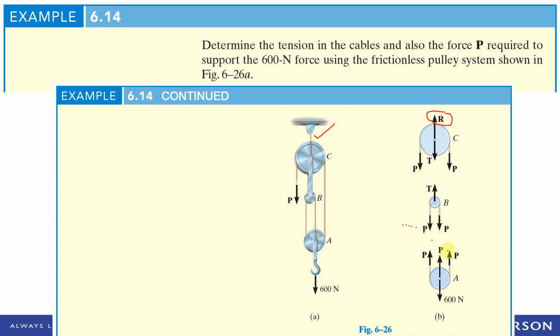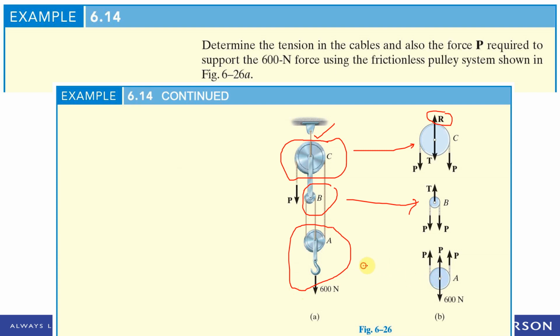This is on pulley B, and then pulley A. So pulley B, right over here, pulley C. What I just circled becomes the free body diagram for pulley C, pulley A, free body diagram.